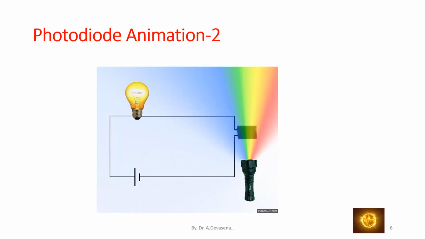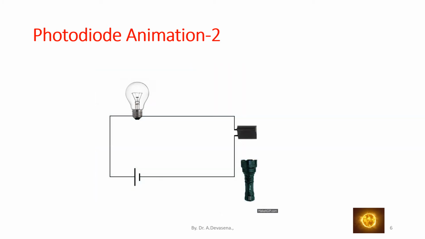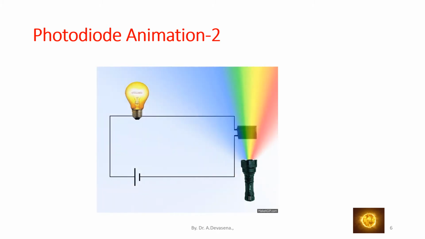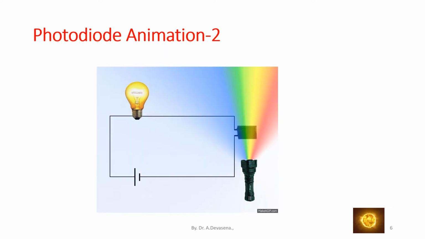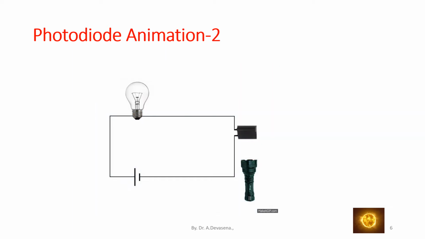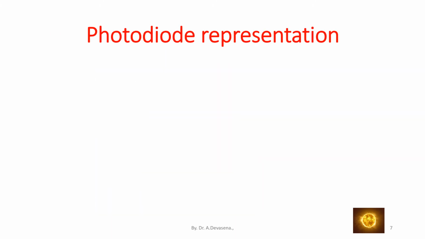If the light falls over the photodiode, means current is flowing through the circuit that illuminates the bulb. It is indicated here. If there is no light falls on the diode, means there is no flow of current. But if the light is falling on the photodiode, means that will illuminate the bulb that is connected in this circuit.